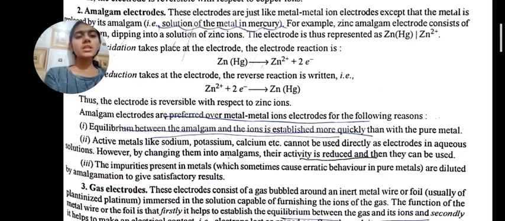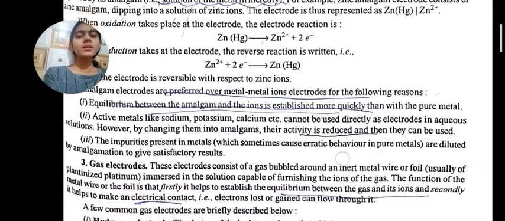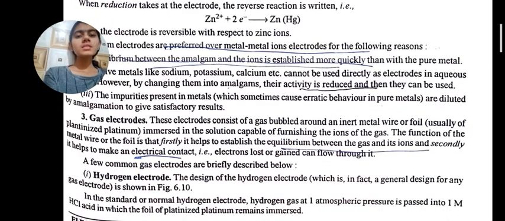However, by changing them into amalgams, their activity is reduced and then they can be used. Third reason is the impurities present in metals, which sometimes cause erratic behavior in pure metals, are diluted by amalgamation to give satisfactory results. Third type of the electrode is gas electrodes.